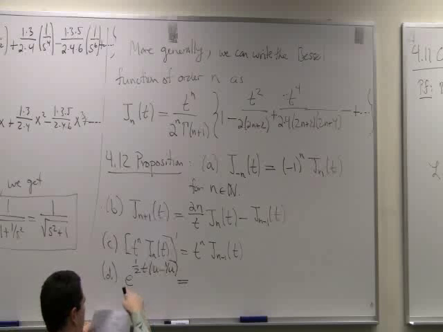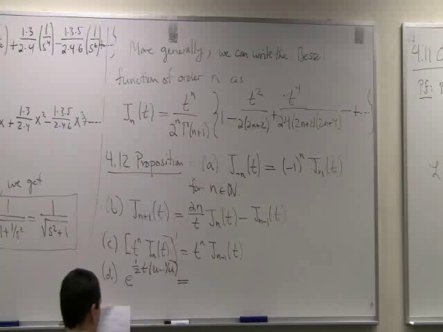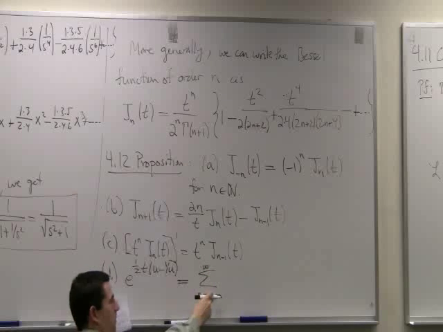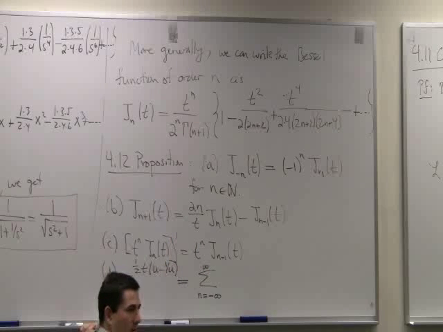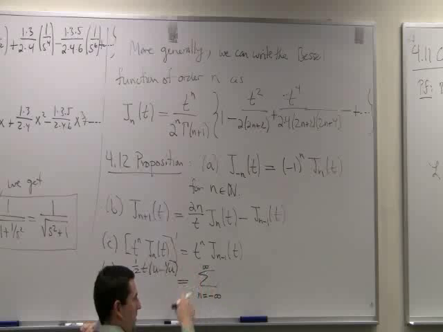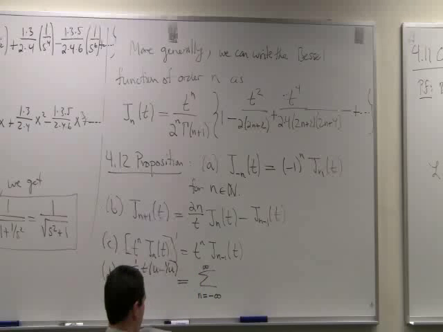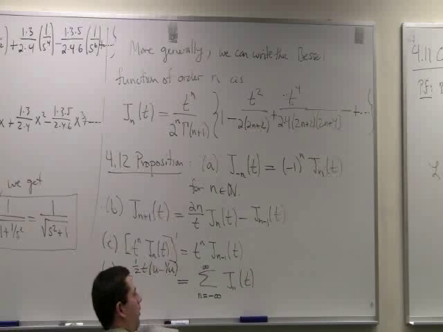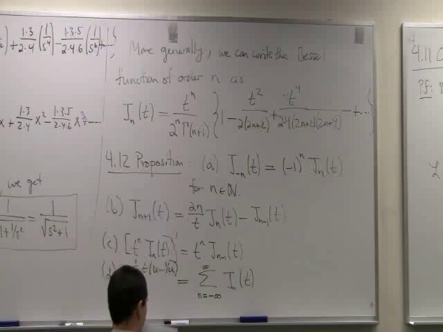It turns out that you can write this function as an infinite series, and it actually is infinite in 2 directions. So n goes from minus infinity to infinity. Some of you may not have seen an infinite series that did that before. The coefficients are going to be the Bessel functions.